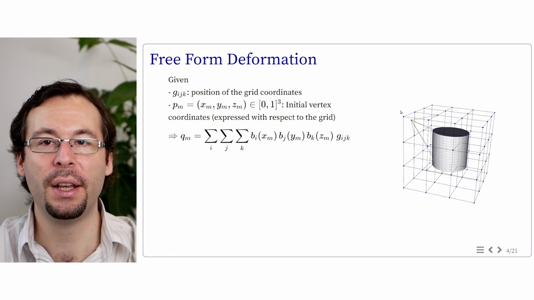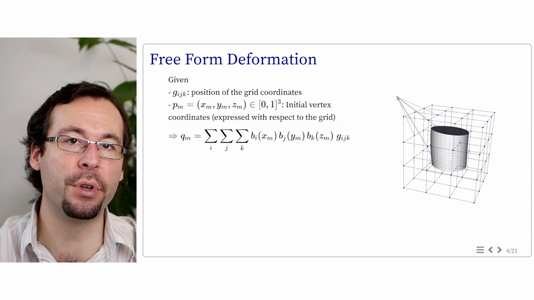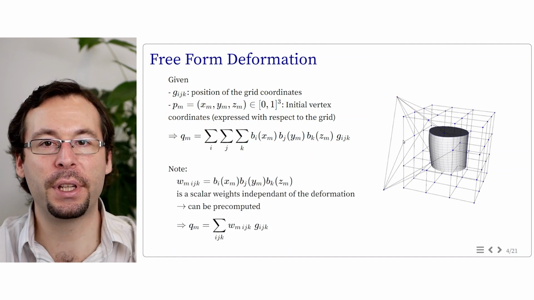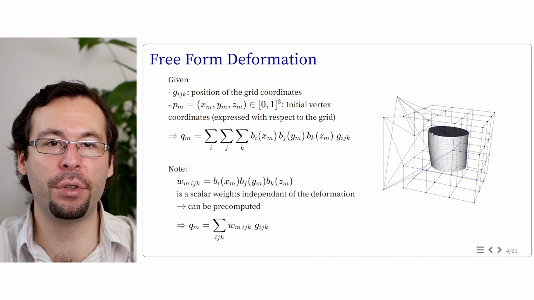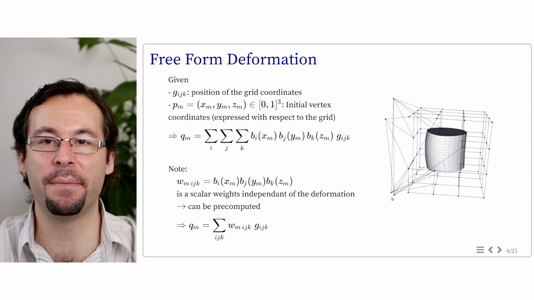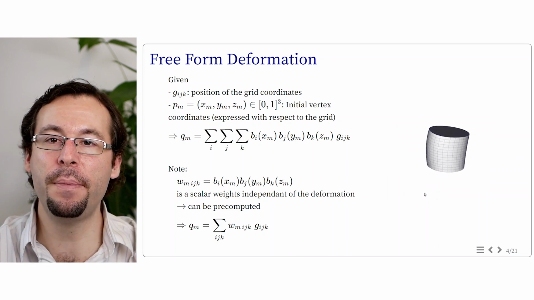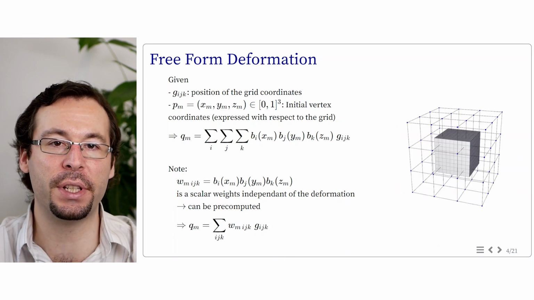One thing we can note is that for each vertex, the formula involves a triple loop over the grid positions, which involves the evaluation of the Bernstein polynomials, which can be computationally expensive. But actually, if you look, the product of the basis functions Bi times Bj times Bk is independent of the grid position and only depends on the initial vertex coordinates.